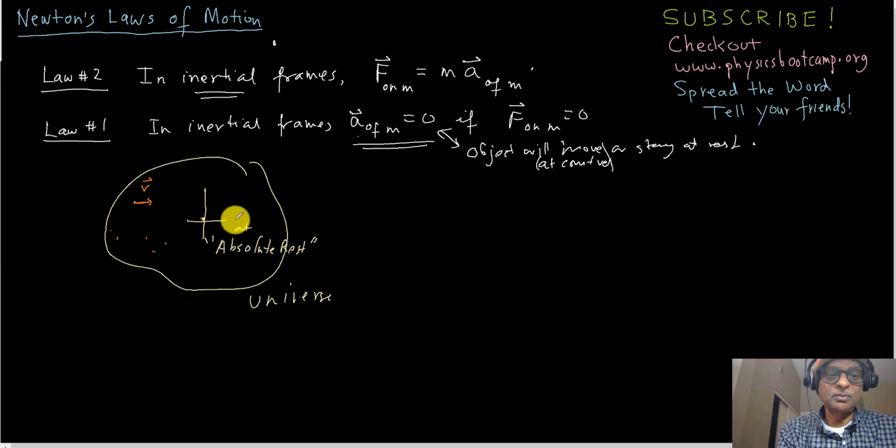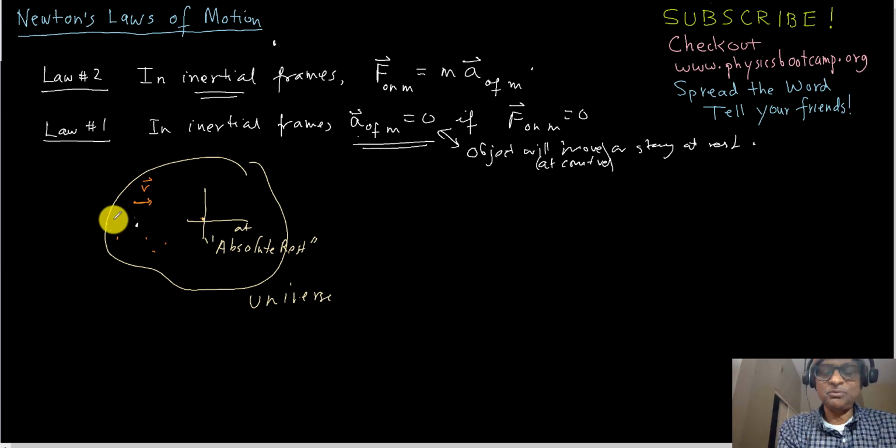Now we're not going to be able to go to the center of the universe and get this frame, so we say, okay, we have a galaxy or a star here, or say Earth.